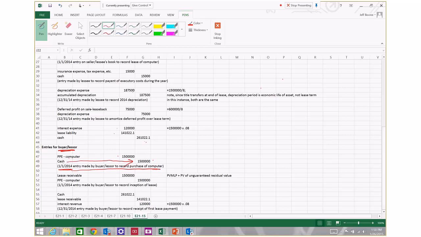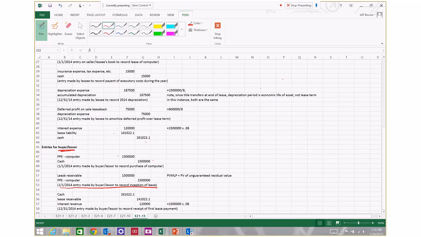Now the second thing that the buyer lessor needs to book on 1/1/2014 is they need to record the lease. Now for them, this is a direct financing lease because the fair market value of the asset that's being leased is $1.5 million, and the cost to them of the property that they're leasing is $1.5 million.